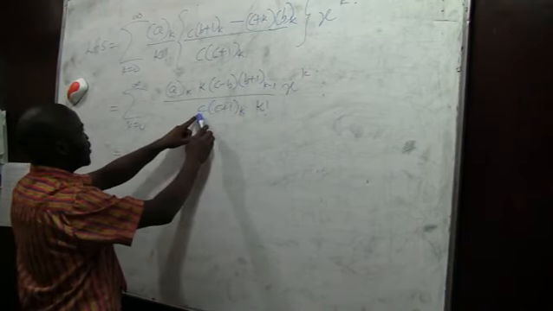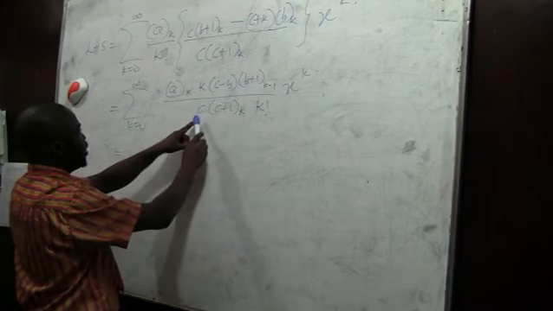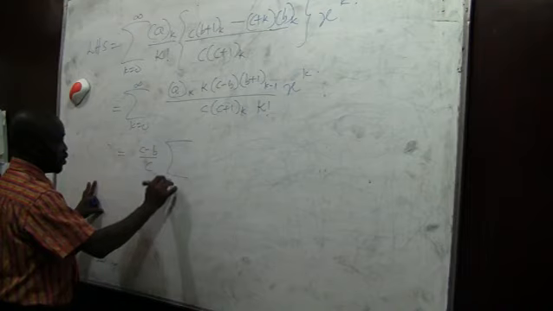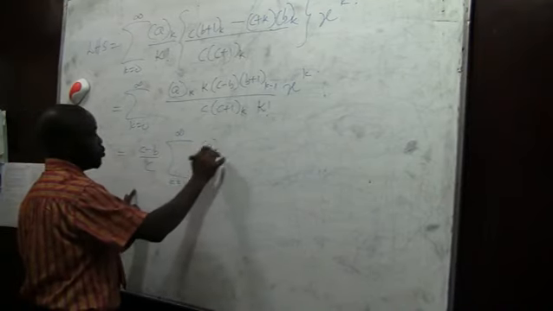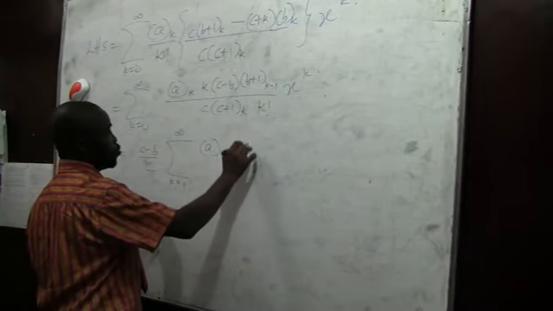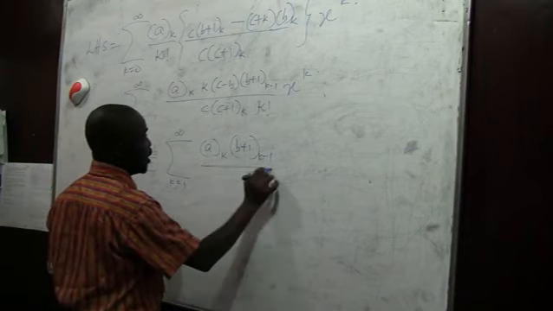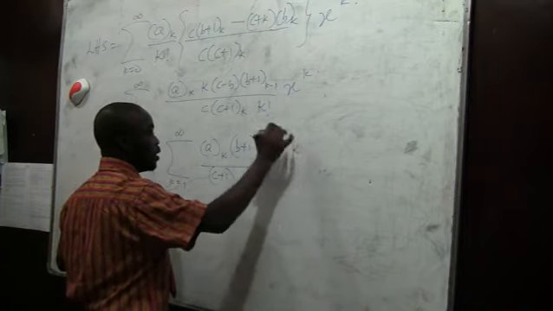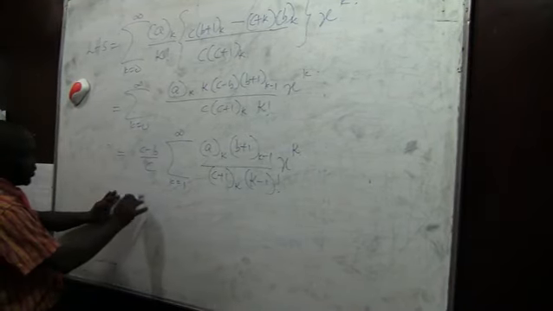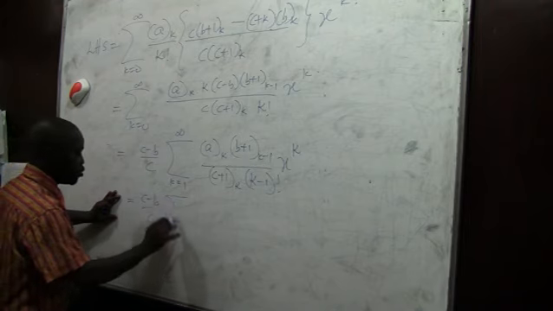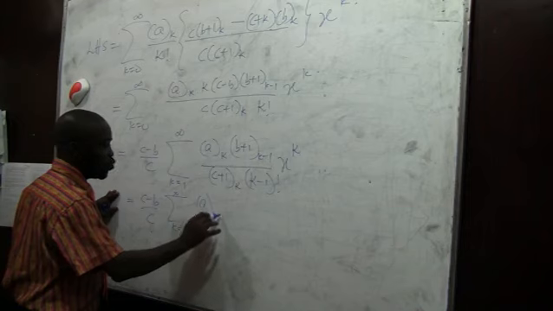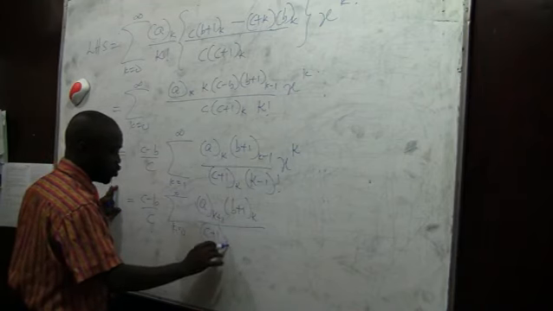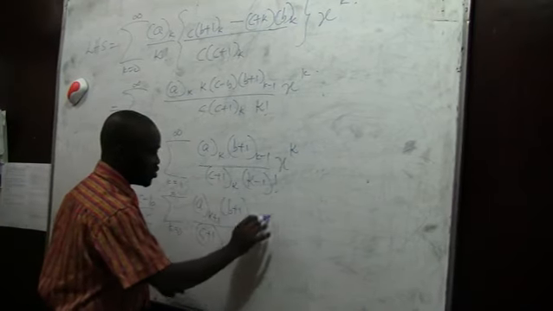Then we have a constant here, c minus b divided by c, so that we have c minus b divided by c, summation k from 1 to infinity, a sub k, (b+1) sub k minus 1 divided by (c+1) sub k, (k minus 1) factorial, x to the power k, which gives c minus b divided by c, summation k from 0 to infinity, (a) sub k plus 1, (b+1) sub k divided by (c+1) sub k plus 1, k factorial, x raised to power k plus 1.